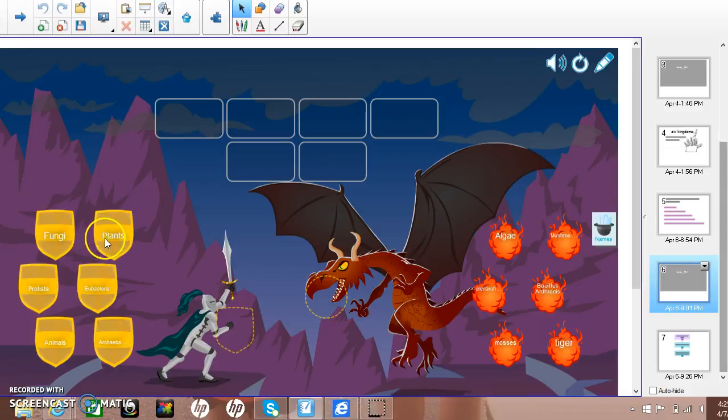What's the one right beside the dragon tail? Can't really quite see it. That is a creamy archaeal, okay. So I know that the animal is a tiger, so we can go ahead and eliminate that. Okay. And the plants would be... Wait. Okay.